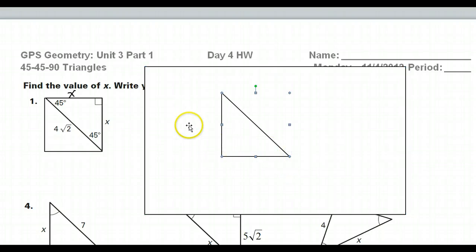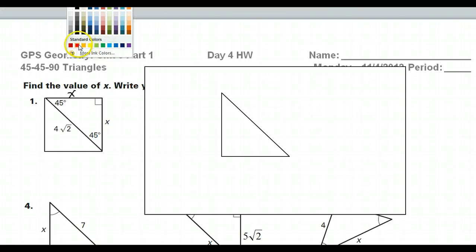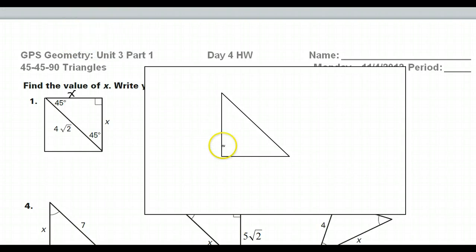Okay. Look, if we have a 45, 45 right triangle, like this one. So, okay, so here's 90 degrees. This is 45 degrees. Look, if this is 45 degrees, if you were to subtract from 180, this will be 45 degrees.